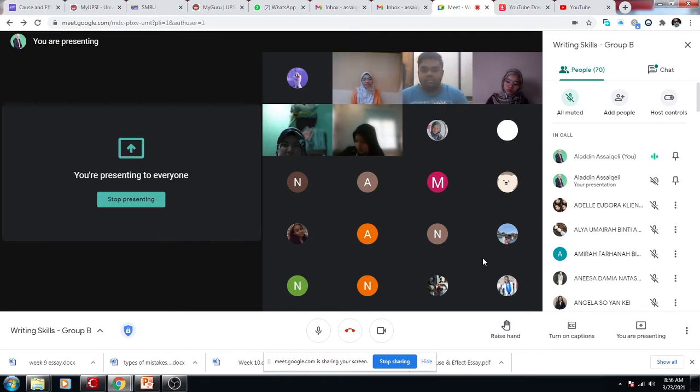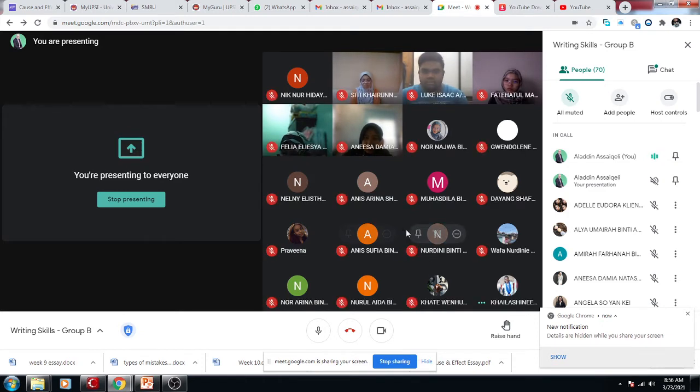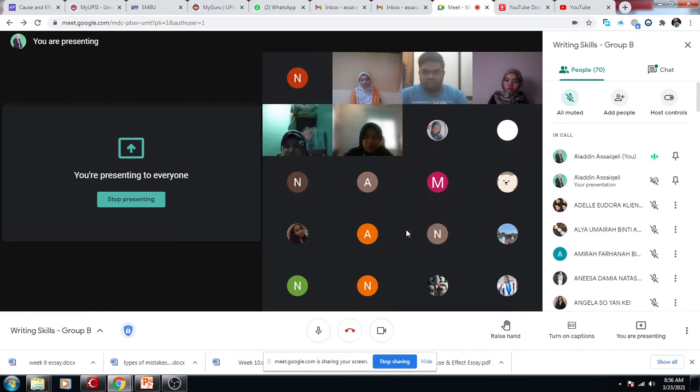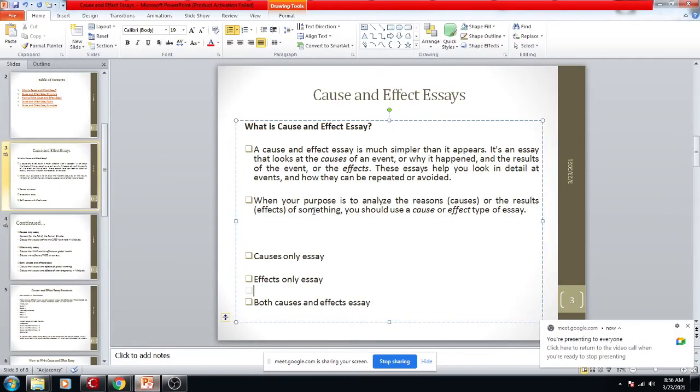One was dealing with the causes only, the one about the decline of honeybees, and the other one dealing with the effects only, the impact of the printing press. But you haven't seen an example of an essay discussing both, but you can have an essay discussing both.